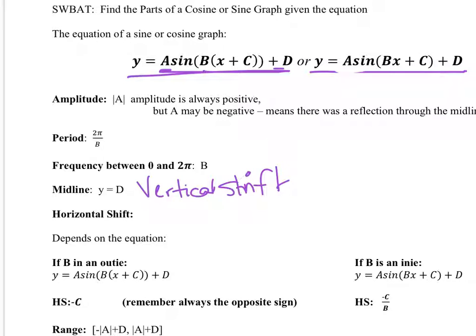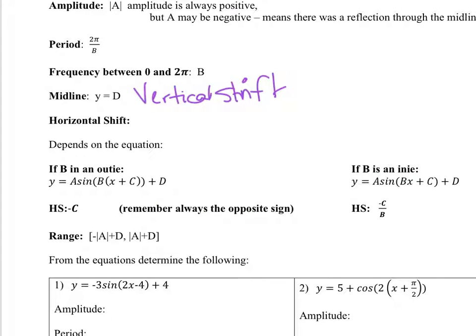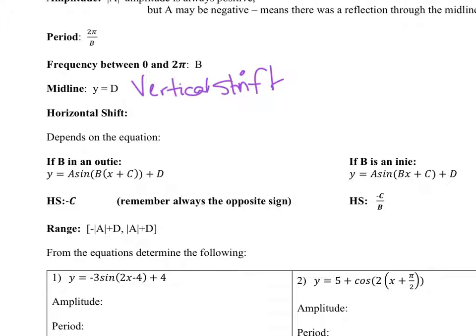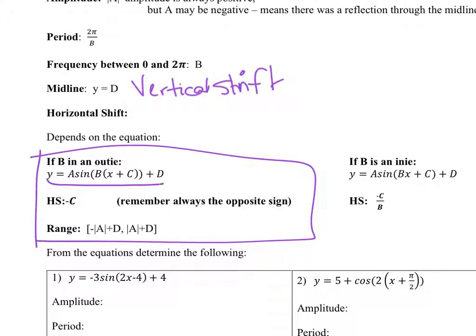Well, this is where these two equations differ. If you're using this equation right here, where the B is outside from the X, sometimes the parentheses are right here, and sometimes they aren't.